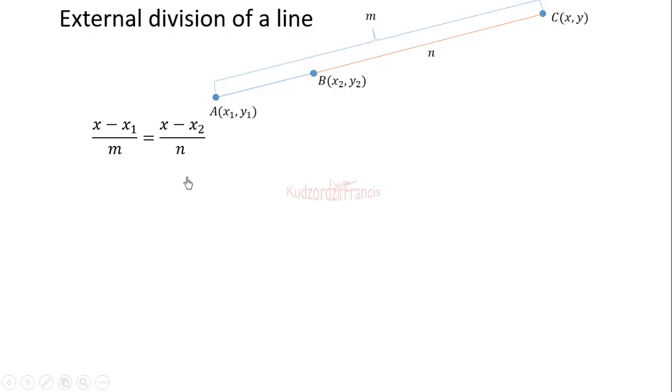So when we cross multiply, we get something like this. So we are now going to expand. We will expand to get nx minus nx1 is equal to mx minus mx2.